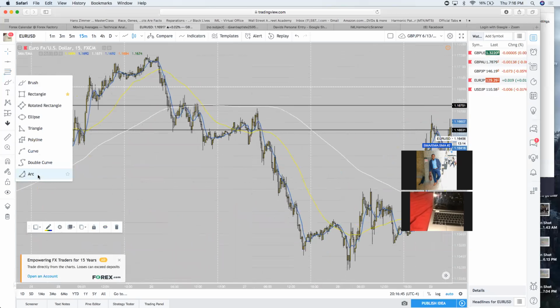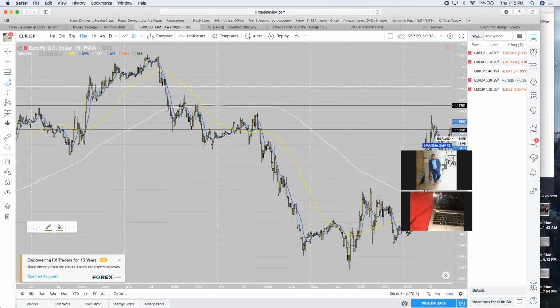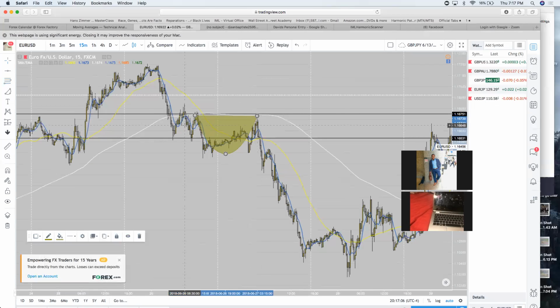Remember earlier I was talking about the teacup. So you can actually use the arc, which is one of the shapes that you can use on the fourth tab, and you can draw an arc like this. Some people use the arc to measure where the teacup is gonna go, so they could put a buy limit or a sell limit or a market execution depending on what you feel comfortable with.